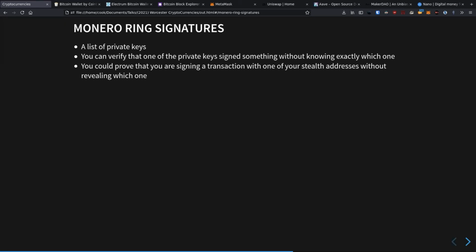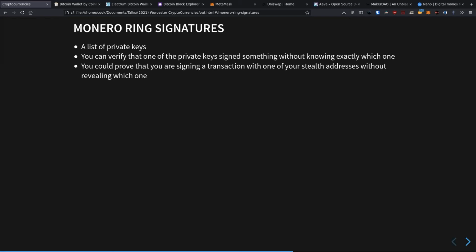For example, one common example is you could give everybody in government a private key, and then if somebody in government wanted to leak something to the paper, they could sign it with their private key, so you would be able to verify that it was leaked by somebody in the government, but you wouldn't be able to know who leaked it.